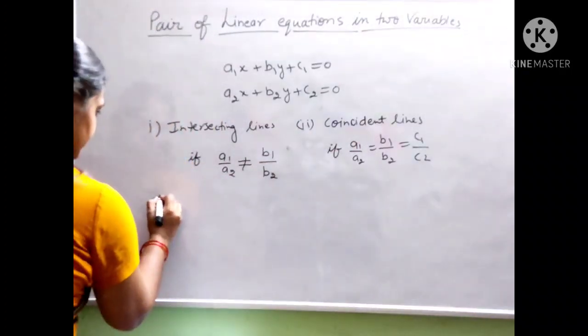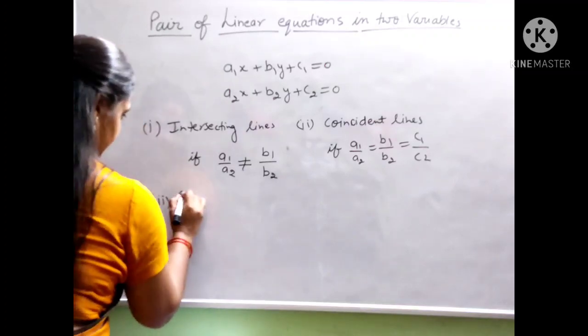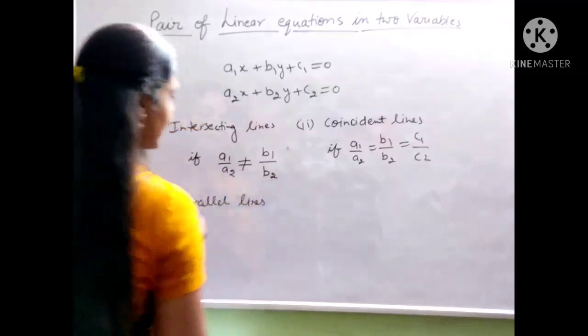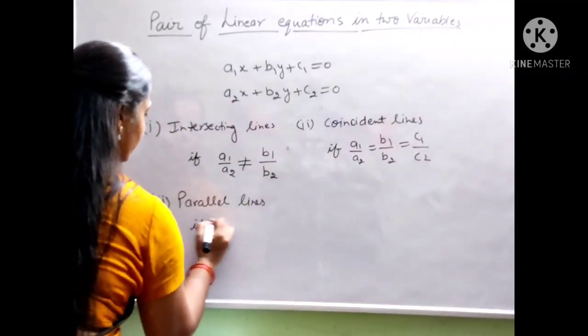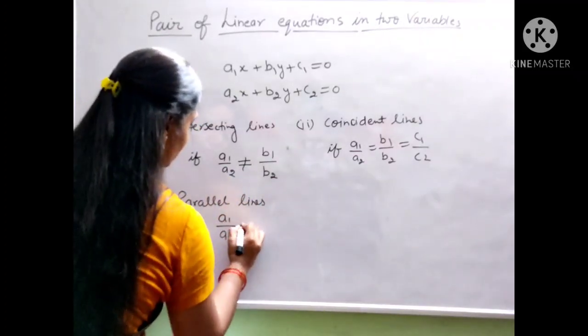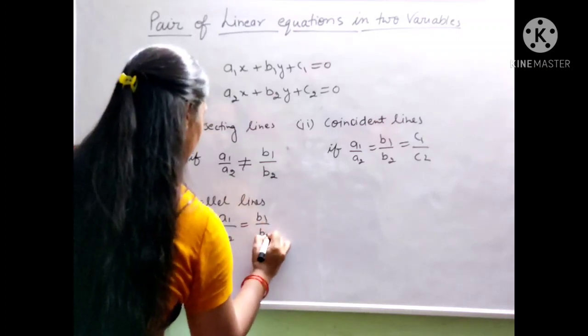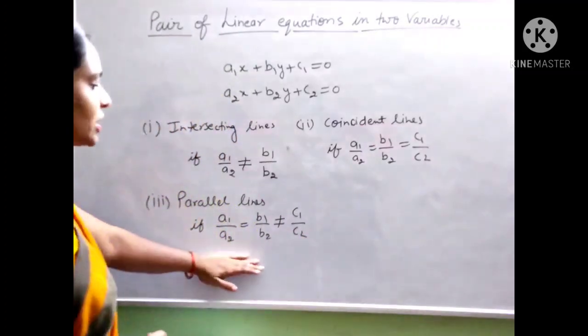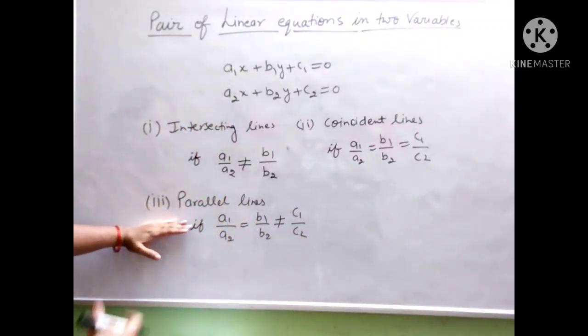Third one is parallel lines. If a1/a2 = b1/b2 and the value of c1/c2 is not equal, then the given lines are said to be parallel lines.